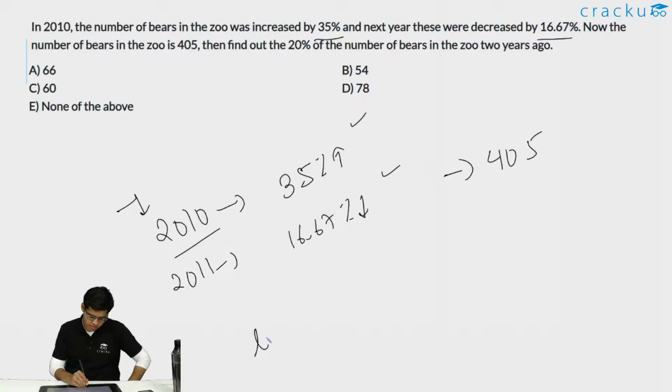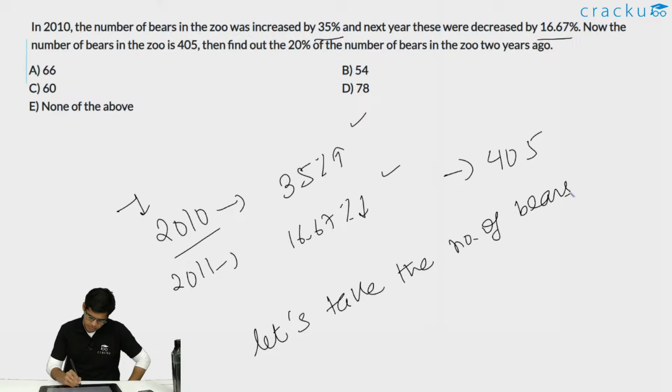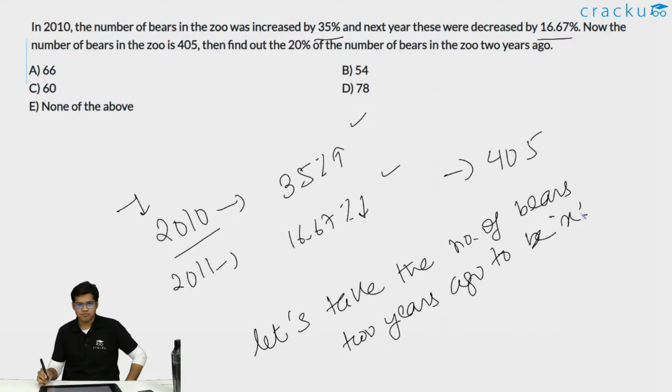So let's take the number of bears two years ago to be X, right? Now what is happening?